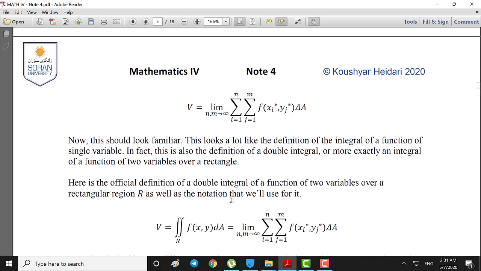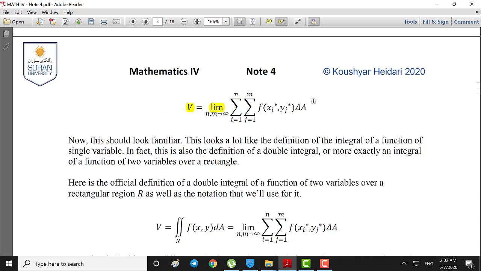We're going to call the double integral of the double variable function f of x and y over the region R. So the exact value of the volume under the surface S is equal to the limit of this double sigma when n and m both go to infinity.